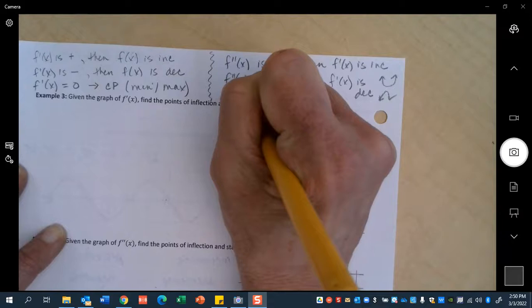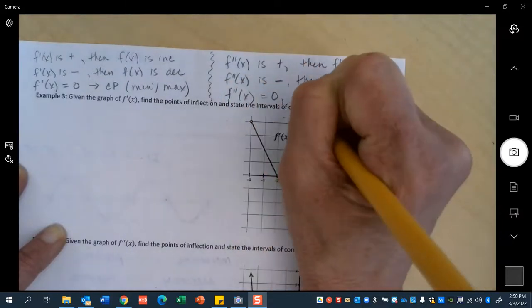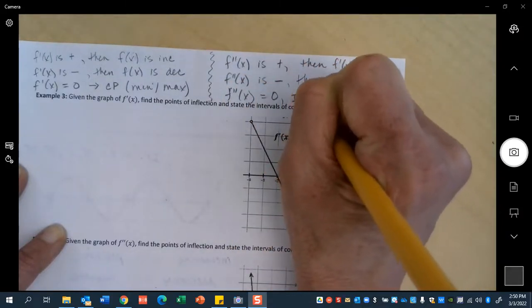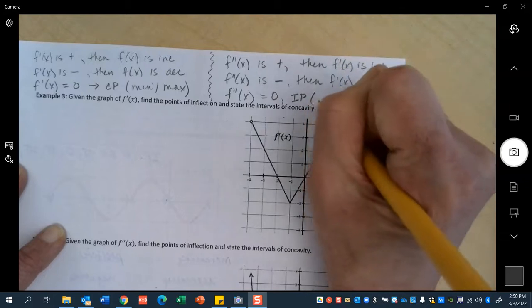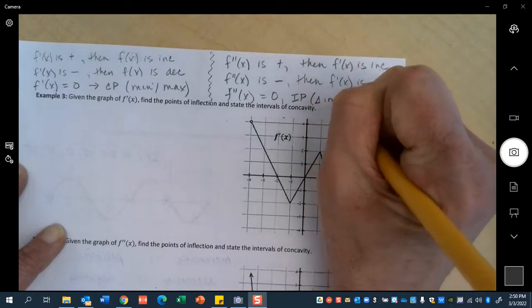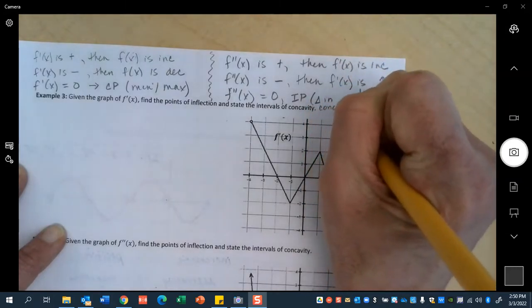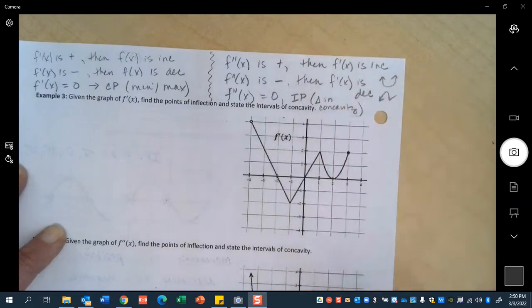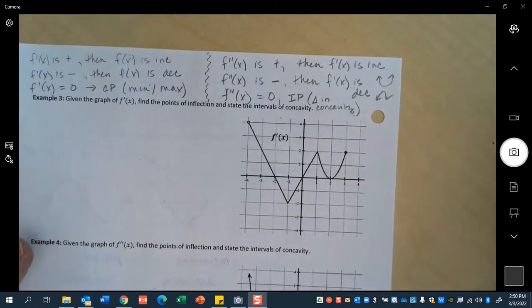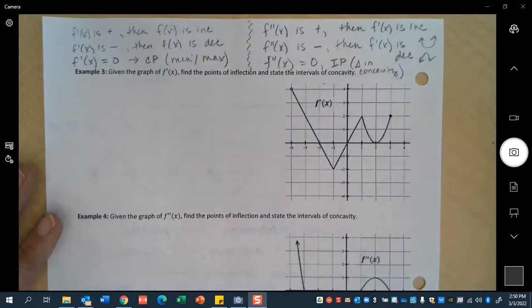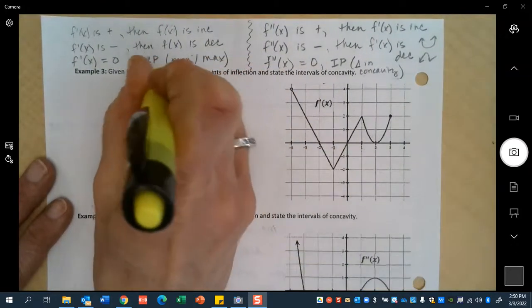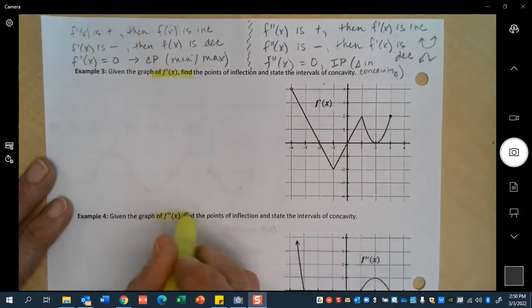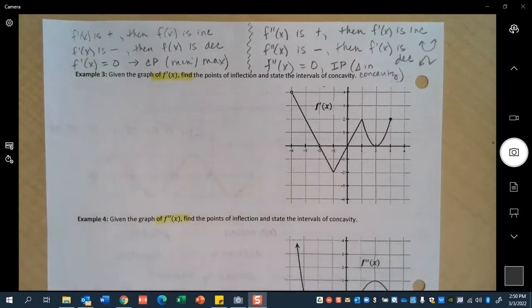If my second derivative is equal to 0, that's an inflection point, and that means it's a change in concavity. The most important part about looking at a lot of these graphs is, are you looking at the graph of the derivative, the graph of the second derivative, or the graph of your original function?